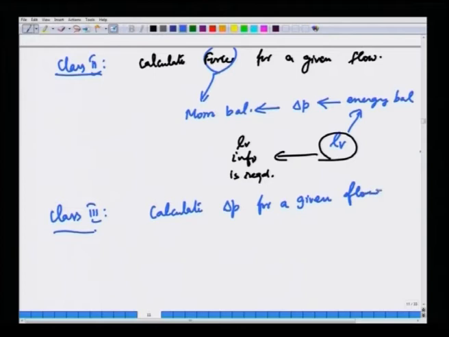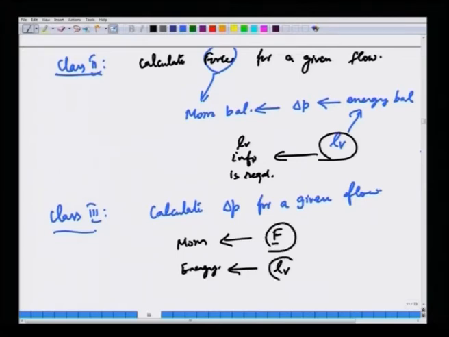So, you have two options, you could either use the momentum balance or the energy balance. In order to get delta P from the momentum balance you need to know the forces, and in order to calculate delta P from the energy balance you need to know the losses. So, depending on whichever information is available you may be able to calculate delta P from either of the approaches.